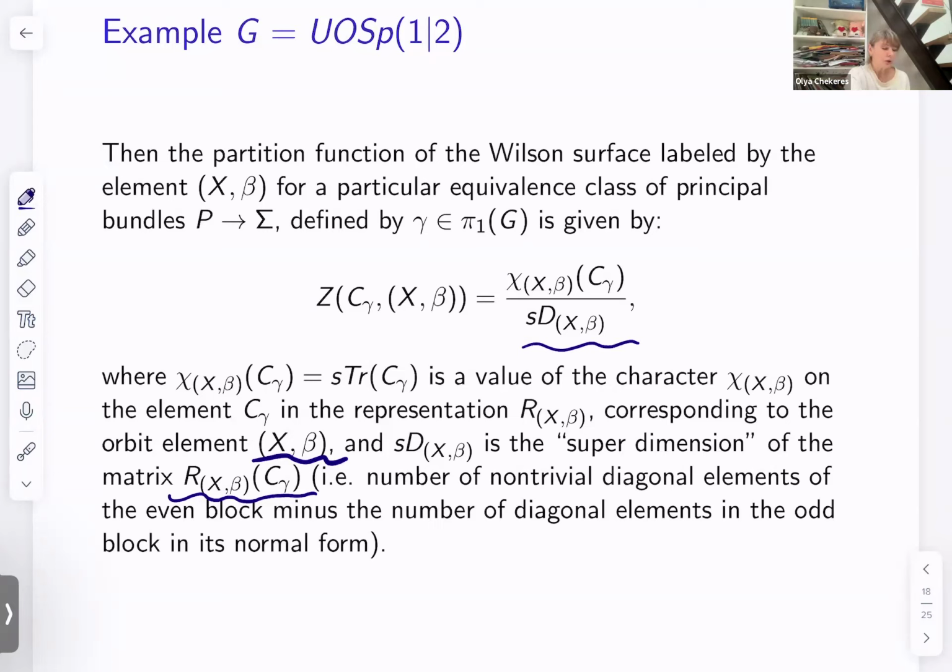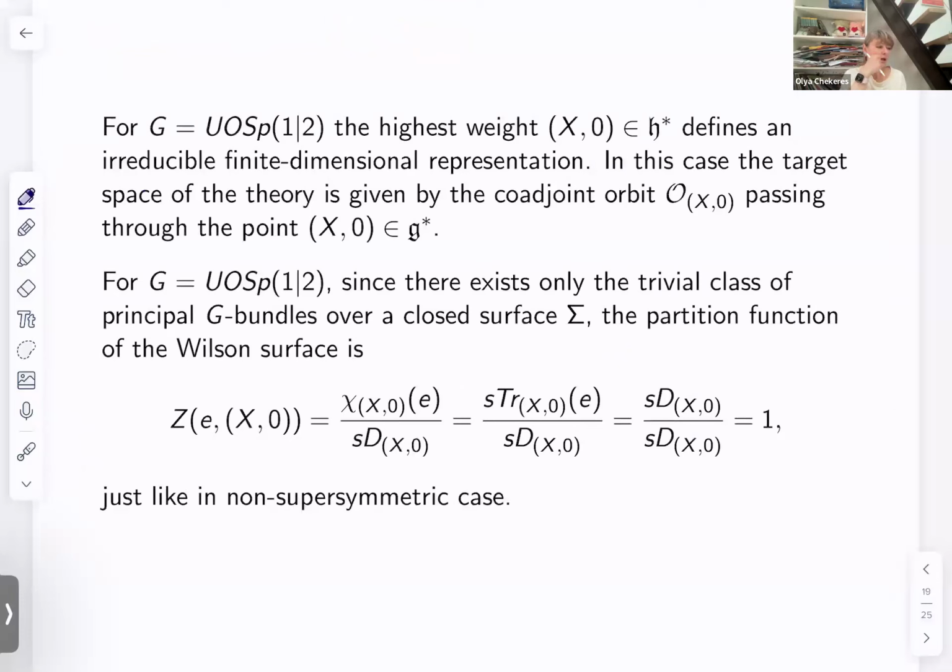Okay. So structurally, it looks the same. Again, we define such a formula for each class of the principal bundle. And then we identify highest weights of the representations.